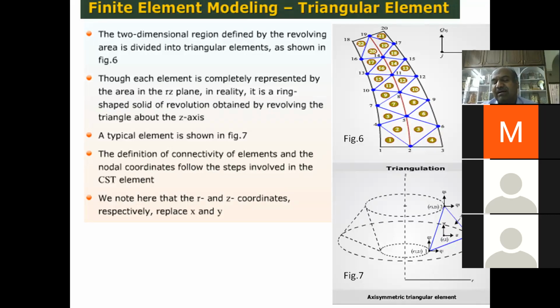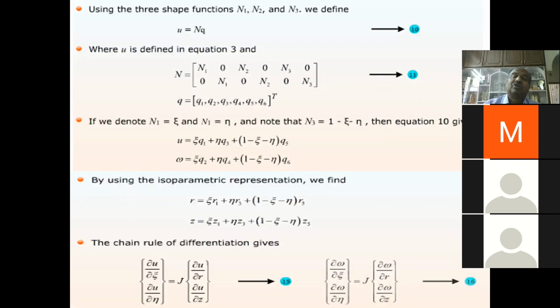Therefore, this element also has 3 shape functions N1, N2, N3. So you have u bar equal to Nq. So your N matrix is N1 0, N2 0, N3 0 in u direction, and 0 N1 0 N2 0 N3 in w direction. So w is nothing but y in CST. So you have a 2 by 6 matrix. Similarly, components of q you have a column matrix of 6 because q1, q2, q3, q4, q5, q6.